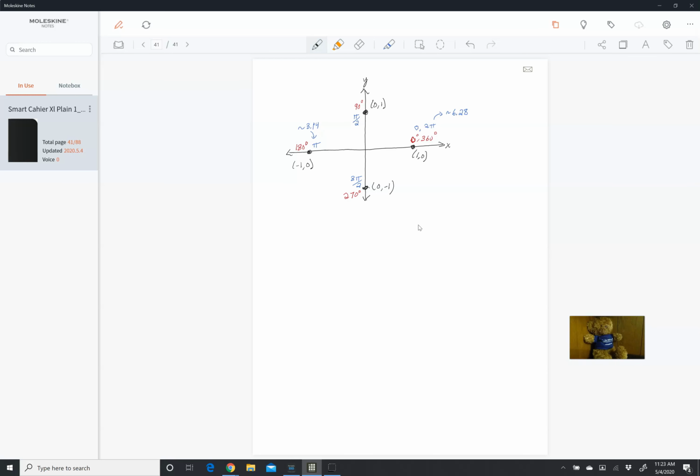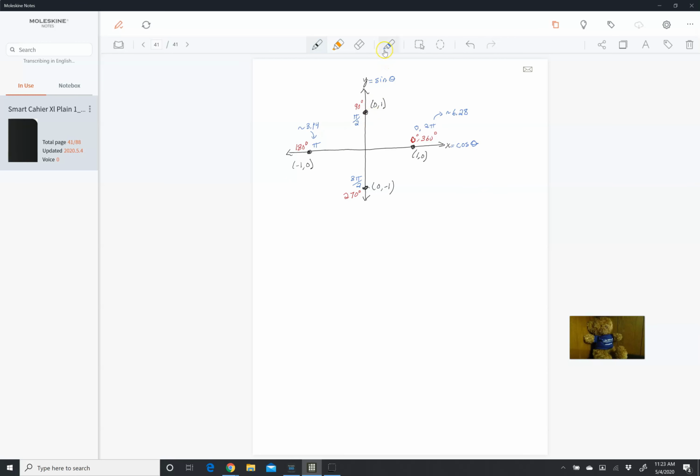Radians are a much smaller unit of measurement, and because of that, it makes it much easier to graph. Remembering that our x values are the cosine of the angle and our y values are the sine of the angle, this is what's going to help us graph the different trig functions. So let's go ahead and graph it.